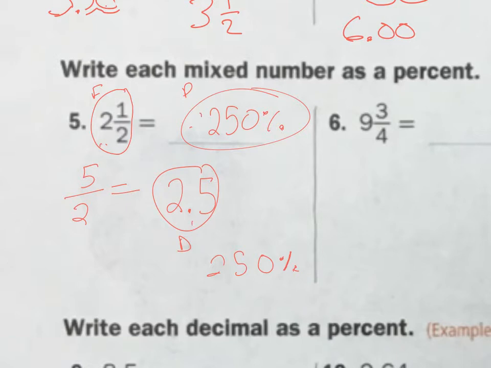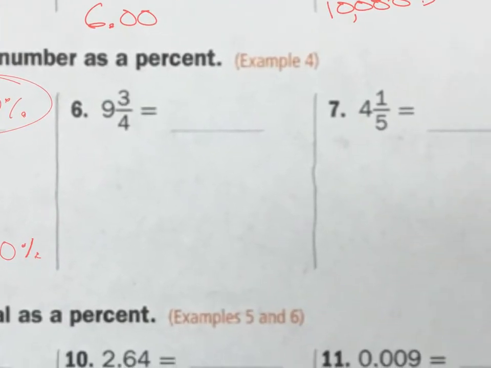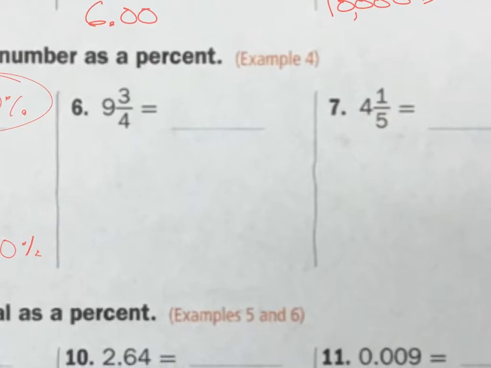All right. Now let's get this one. 9 3/4. So I'm going to put it into an improper fraction. 36, 37, 38, 39. 39 over 4. And then I do 39 on my calculator divided by 4 equals 9.75.